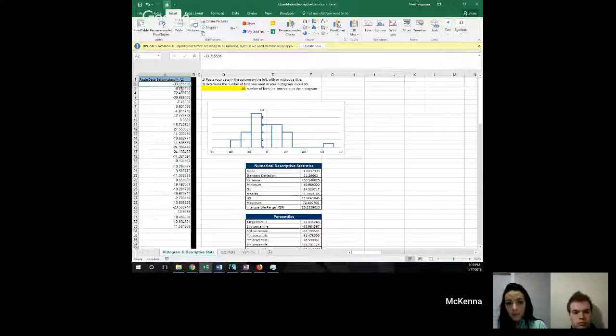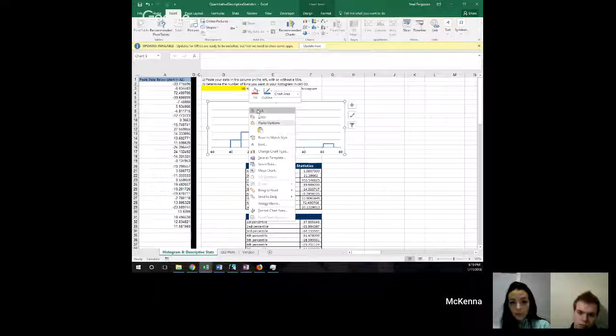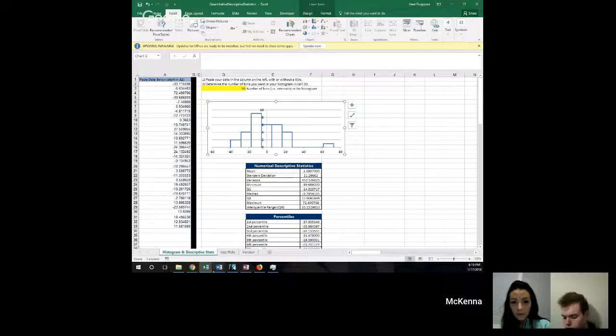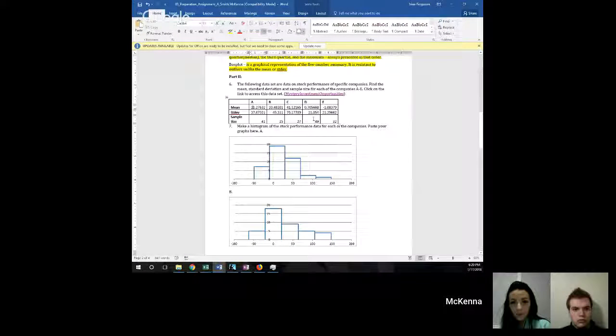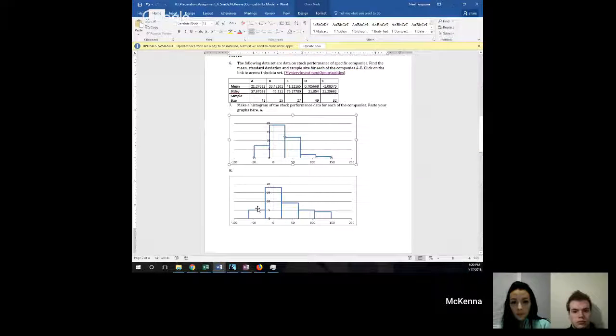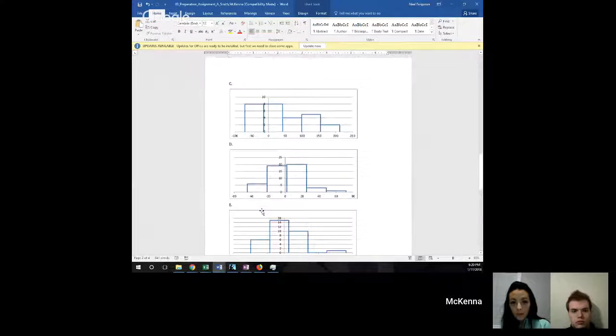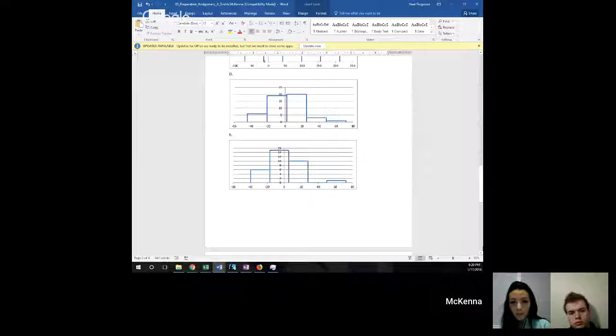All of A's information we copy and paste in here, and then it will just generate the graph for you. So I just put A in, and then I would copy this and put it into the preparation assignment. So there's A, there's my B, C, D, E. It just did it for me. Awesome. Thank you again.